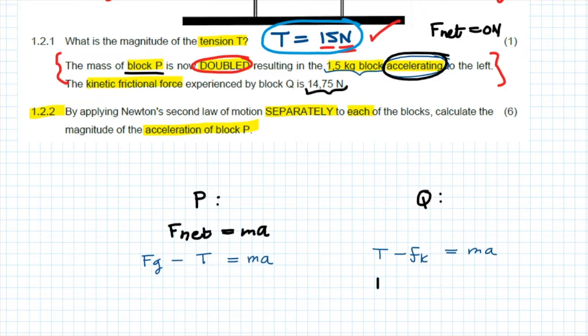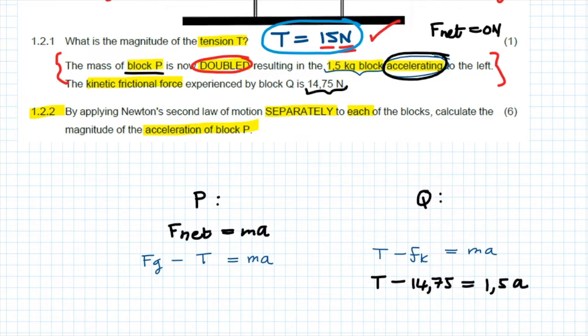So we do not know the tension, but we do know that the friction is 14,75, and this is a new value of friction. The friction is no longer 15 newtons, but is now 14,75. Kinetic friction is always a little bit smaller than the maximum static friction. The mass of block Q was given to us as 1,5 kilograms, and we do not know the acceleration, so we're going to leave that as a.